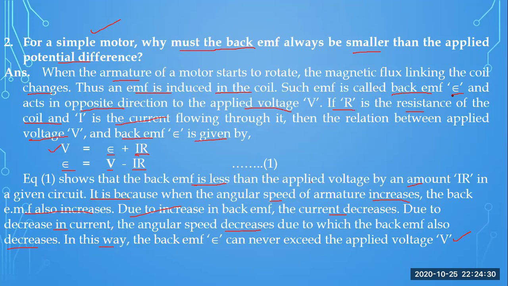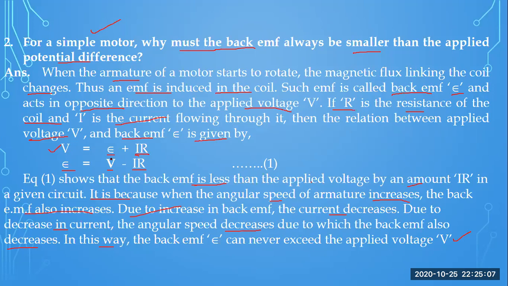It acts in the opposite direction to the applied voltage V. If R is the resistance of the coil and I is the current, then according to Ohm's law, V is equal to IR. The relation between the applied voltage and the back EMF is: applied voltage V is equal to the back EMF plus IR, where the current passes through the coil of resistance R.